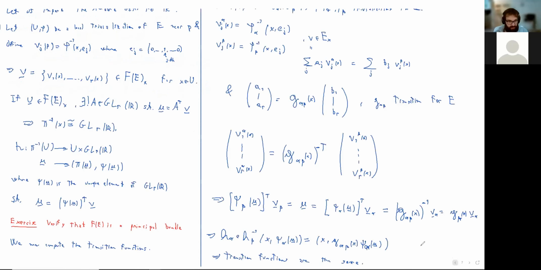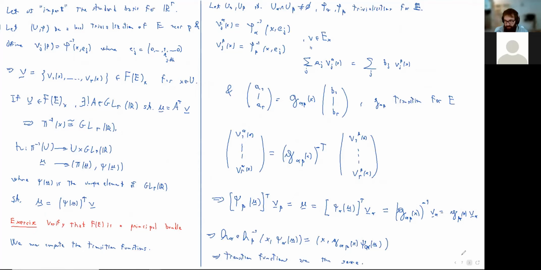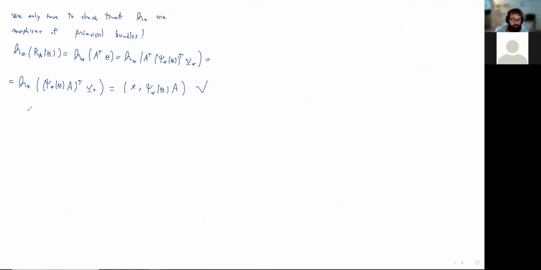Okay, so to take a step back, let's go back to the statement. We define this frame bundle as this set of ordered bases, and what we proved is that this is actually the principal bundle associated to the vector bundle E. And of course, a very important frame bundle is the one you get when the vector bundle you start with is the tangent bundle.